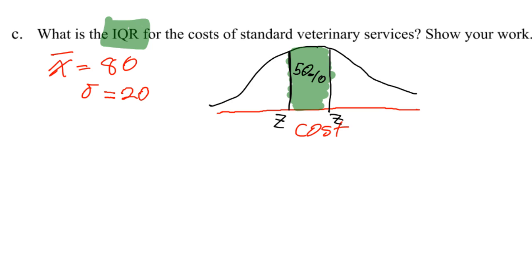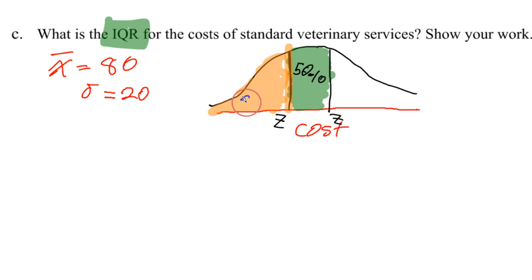Let's color code this first z-score bar right here, the one that's lower, as orange. Right now, I know that 50% of the curve is colored in, but if I color in the rest of this right here, going this way, then I'm getting 50% plus half of whatever is left over.